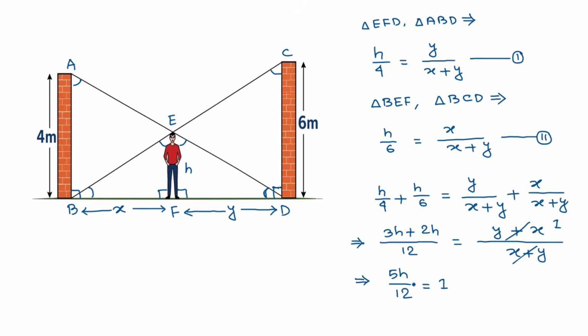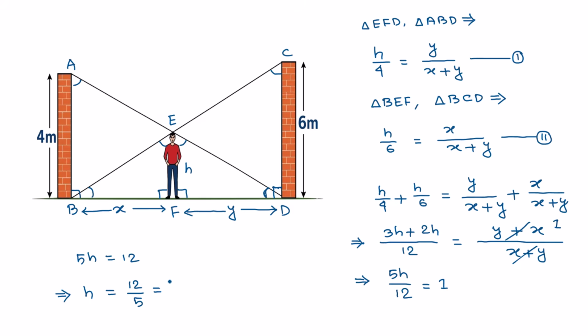So from here, multiplying both sides by 12, we will get 5H is equal to 12, and dividing both sides by 5, we will get the value of H, which is 12 over 5.